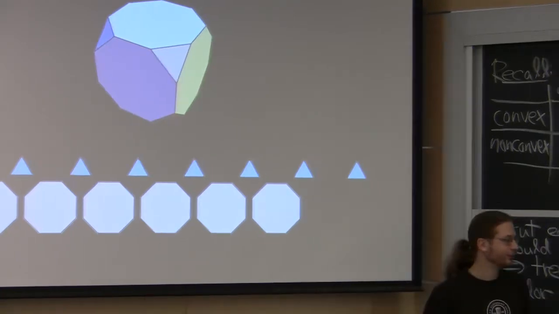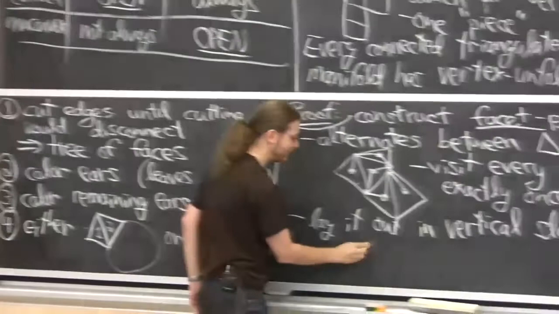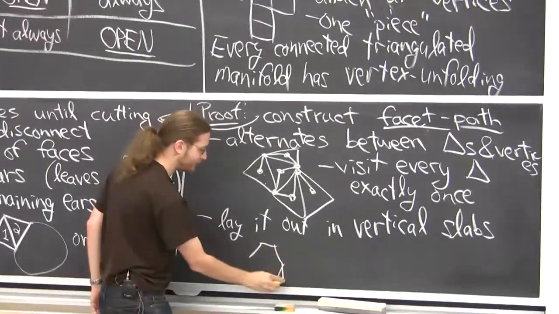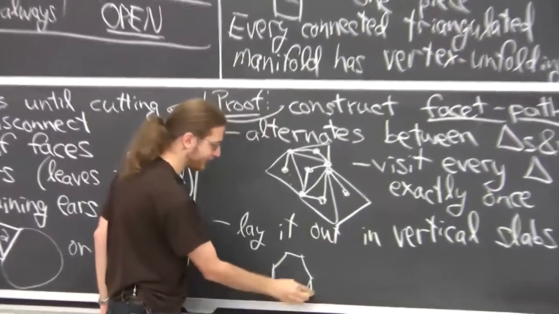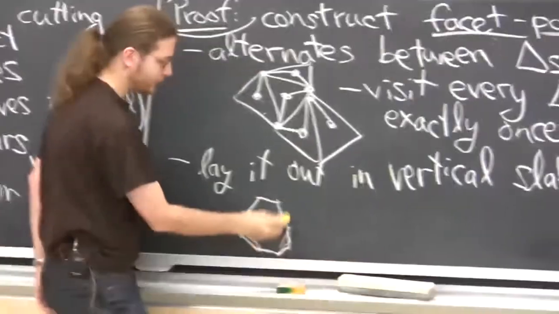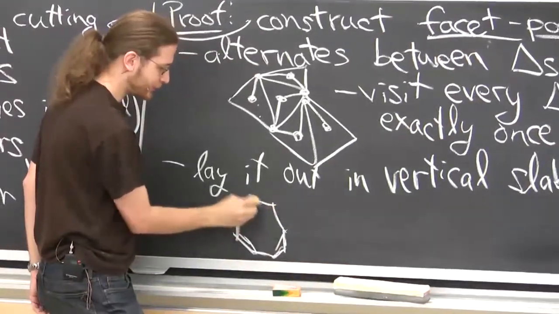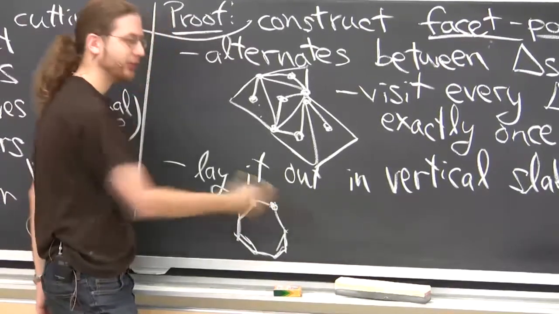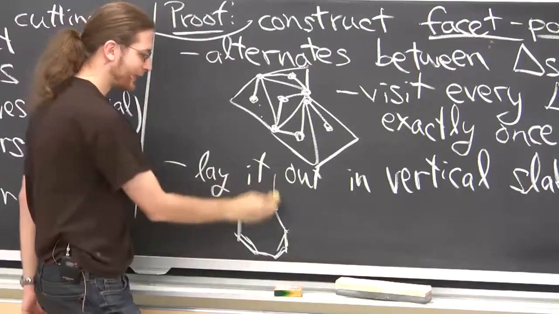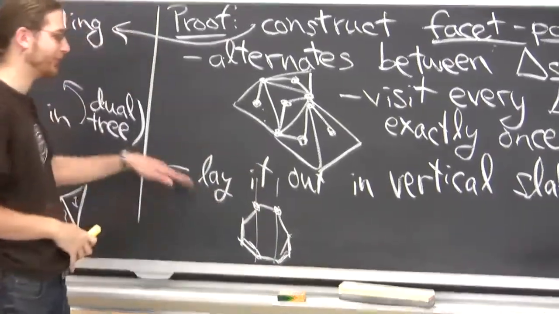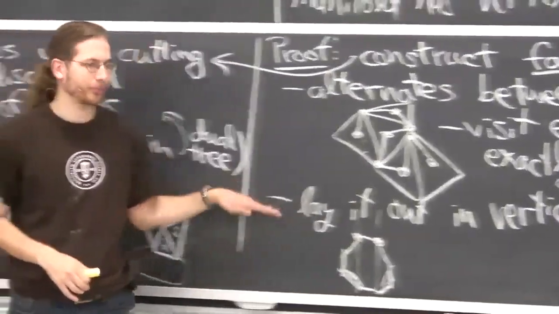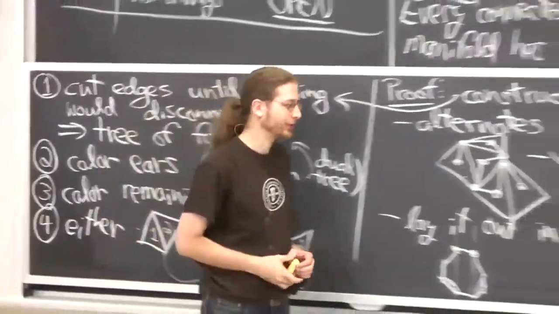The other thing that could go wrong is once you have octagons, even if you could find a way to lay them out, that's not a very good octagon. Let's say your two hinges were here and here, if that's where you attach to adjacent pieces, you can't fit that in a vertical strip. There's no way to turn it so it fits in a vertical strip. So also this layout problem doesn't work if you have something more than triangles.